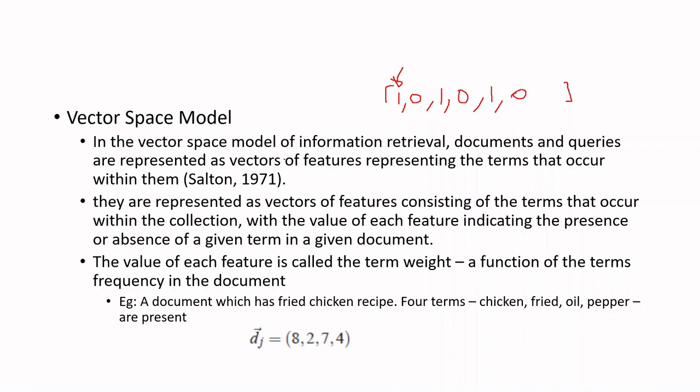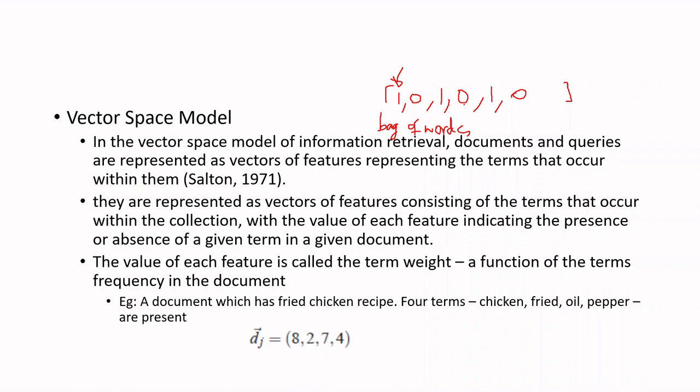The queries and documents are represented as vectors of features consisting of the terms that occur within the collection, with the value of each feature indicating, here, the presence or absence of the given term in a given document. That is also known as a bag of words representation.